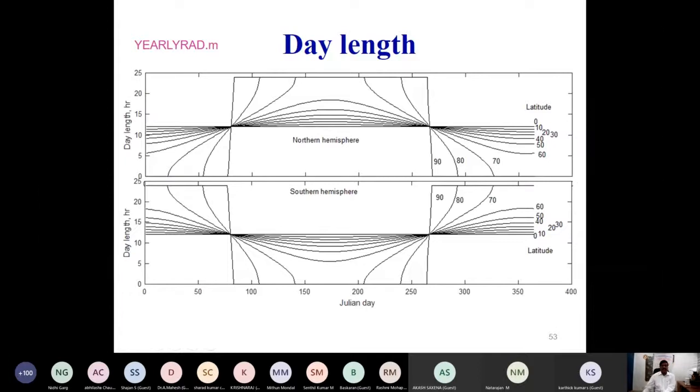These are the extreme conditions. If you study 90 degrees, from this point to this point, almost 6 months has a day length of 24 hours. And another time, the day length is 0. In one case this is 3 months and this is 3 months, so for 6 months the day length is 0, that means completely night, and for 6 months the day length is 24 hours, when the sunbeam is continuously present.